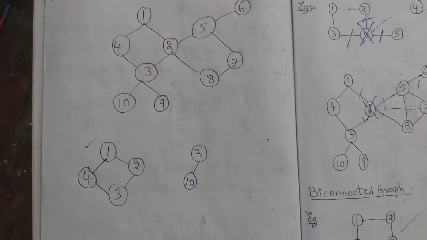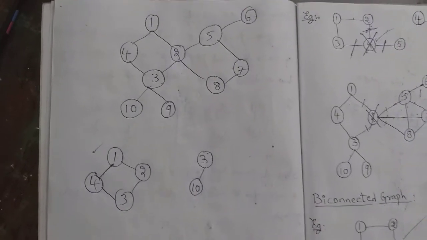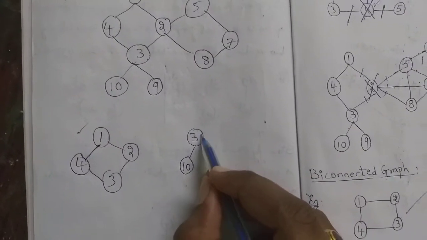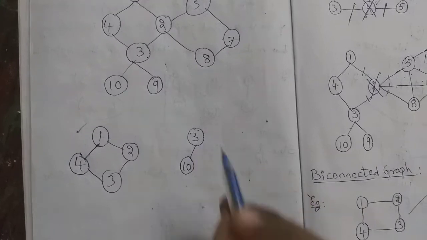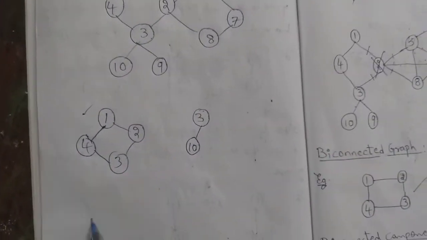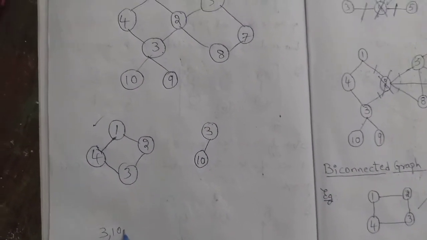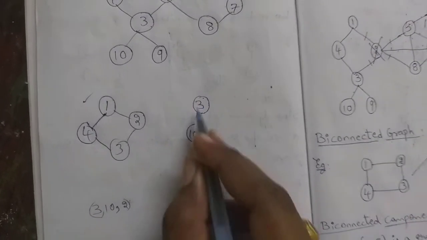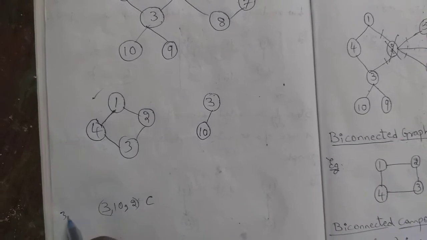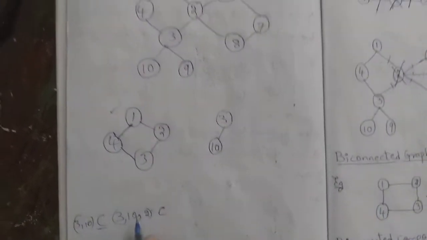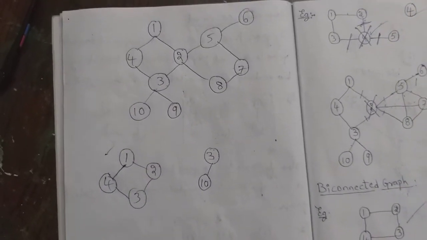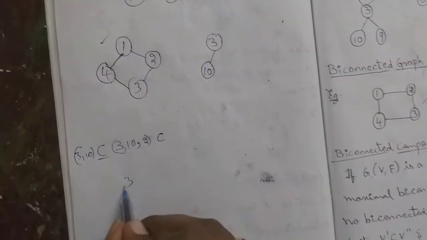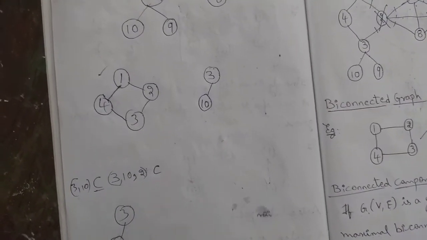In order to prove it is not maximal, one should take the vertex set 3, 10 and any other vertex, 2, 3, 4 or something. Then 3, 10 will be a subset of this vertex set. But if I have taken any other vertex, 2 with 3, then that won't be a biconnected graph.